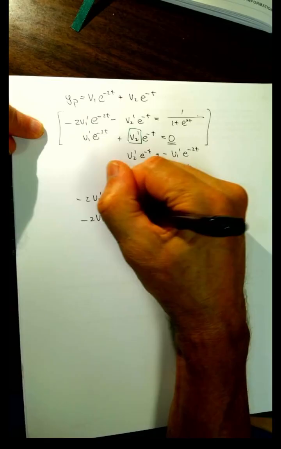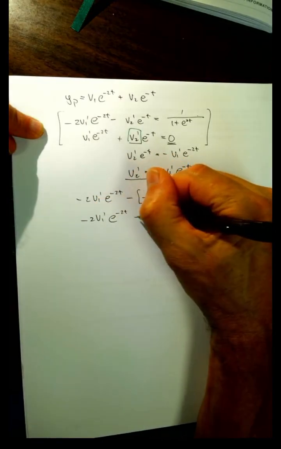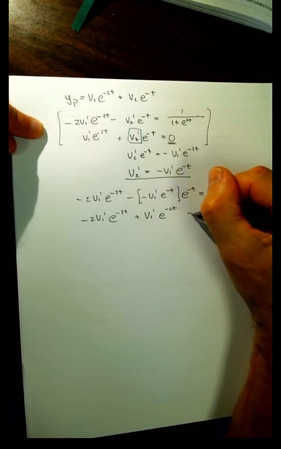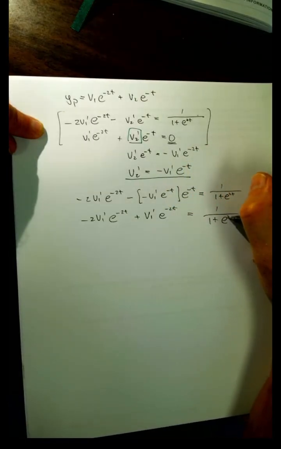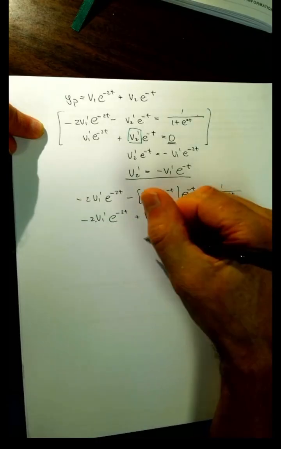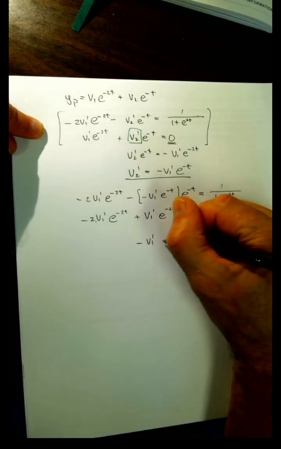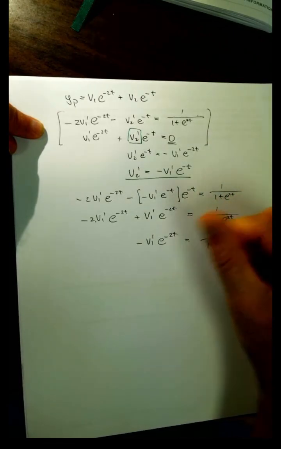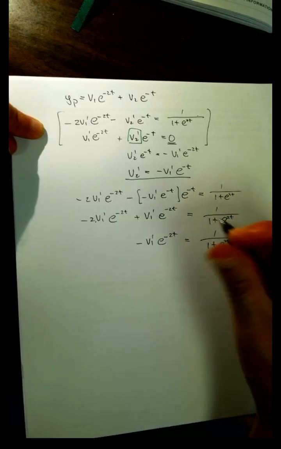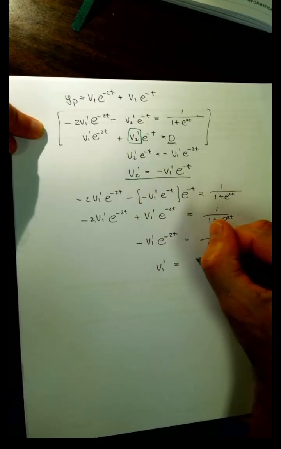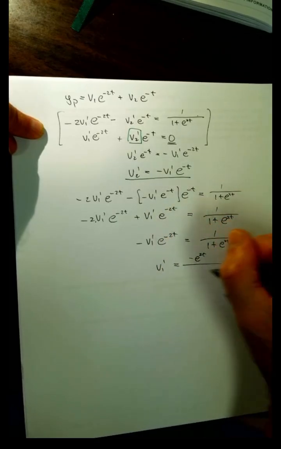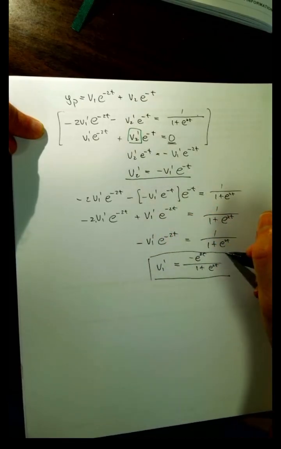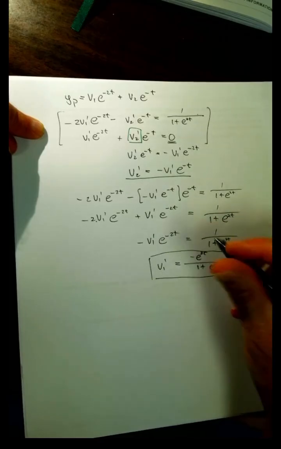Minus 2 v1 prime e to the minus 2t plus v1 prime, and this becomes e to the minus 2t, minus 2 of these plus 1 of these becomes minus v1 prime e to the minus 2t. So 1 over 1 plus e to the 2t. Multiplying by minus e to the 2t, I get v1 prime is minus e to the 2t over 1 plus e to the 2t. So that's one equation. I've got to just integrate both sides for that.